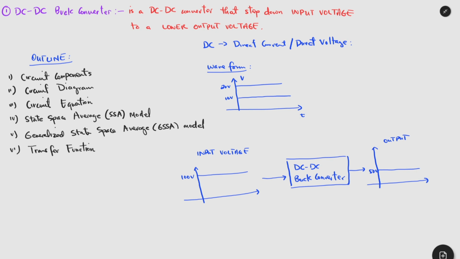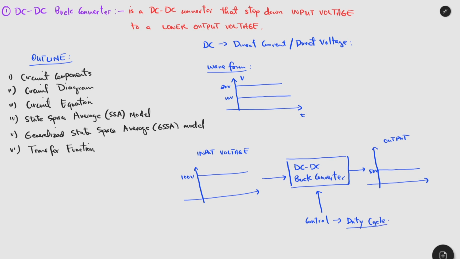The input is DC and the output is DC, and in order to control how the value of the output voltage will decrease based on the input voltage, we normally have a control, and we have discussed this previously. The control, to control the amount by which the input voltage will decrease in magnitude, is through the duty cycle.